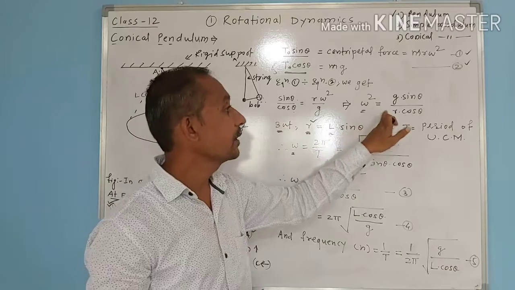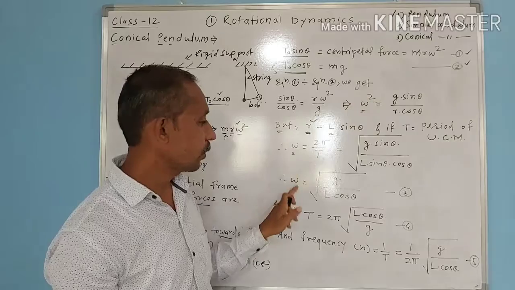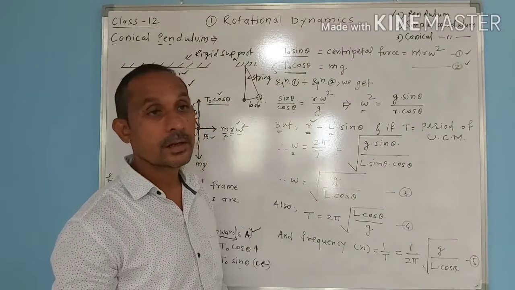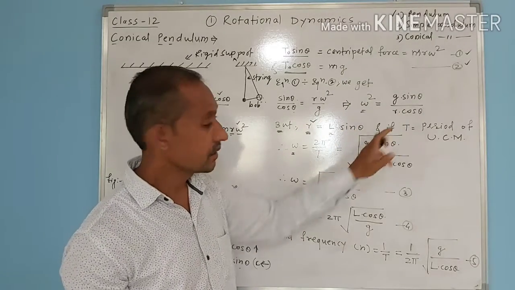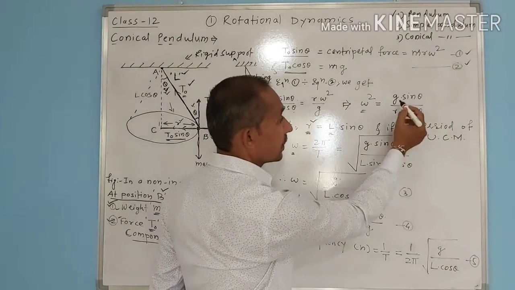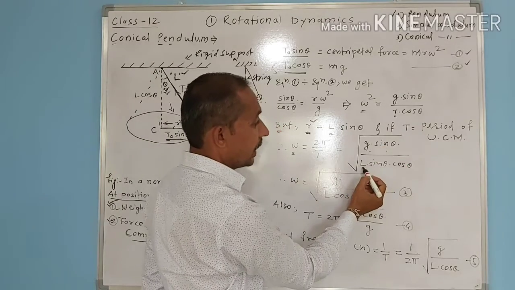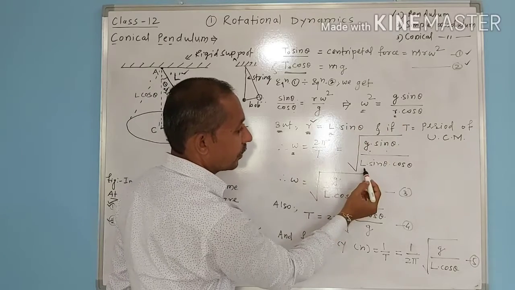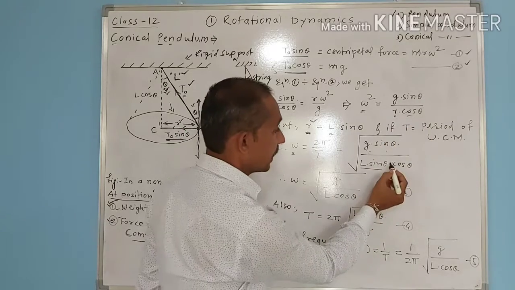Taking the square root, the left hand side is omega, but the right hand side will be the square root of g sin theta divided by r, meaning L sin theta. So instead of r, we write L sin theta multiplied by cos theta.